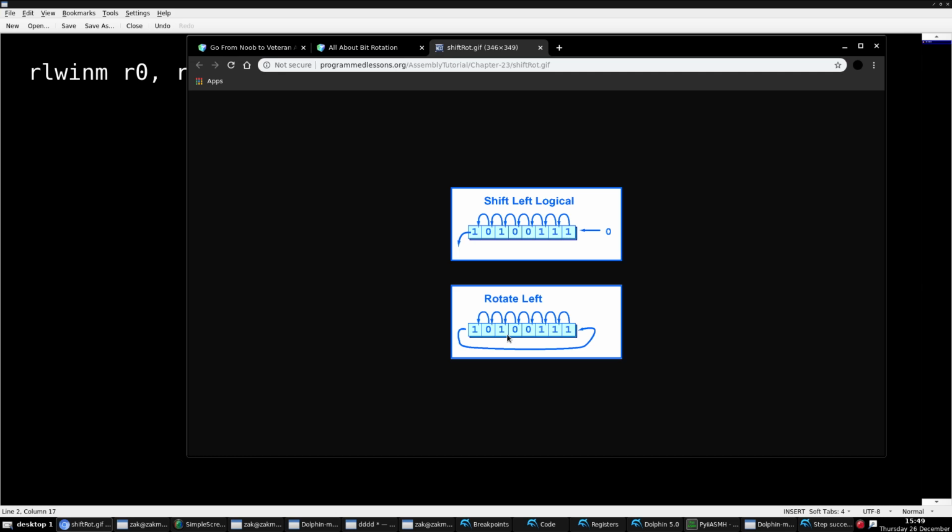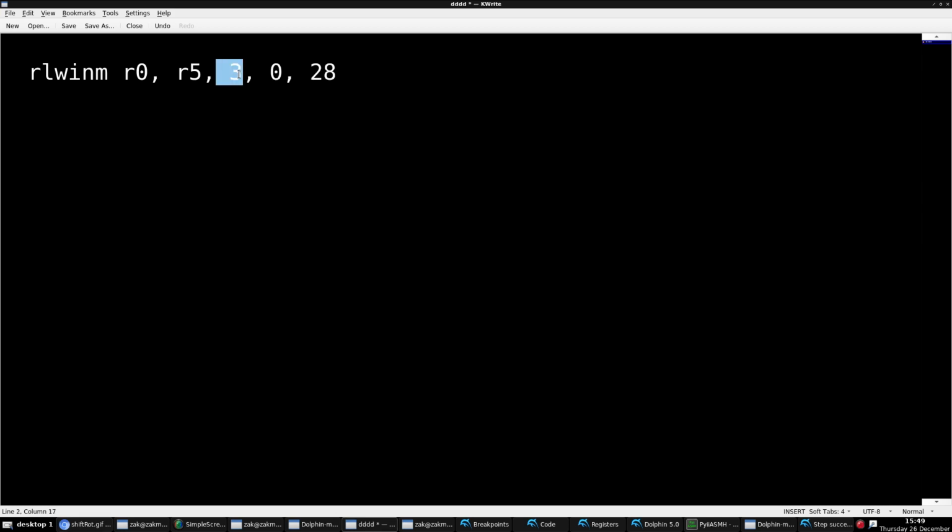Rotation left, rotating to the left, things never get lost. It's like a counterclockwise spin. So if you have a 1 in bit 0 and we're rotating to the left by 1, it gets moved all the way to bit 31 and all the other bits move along accordingly. So this value here is always a left rotation, never a right. So this is the amount of bits you rotate to the left, okay? Once you have this temporary value after you rotate to the left, you then do a logical AND set by these numbers, okay?